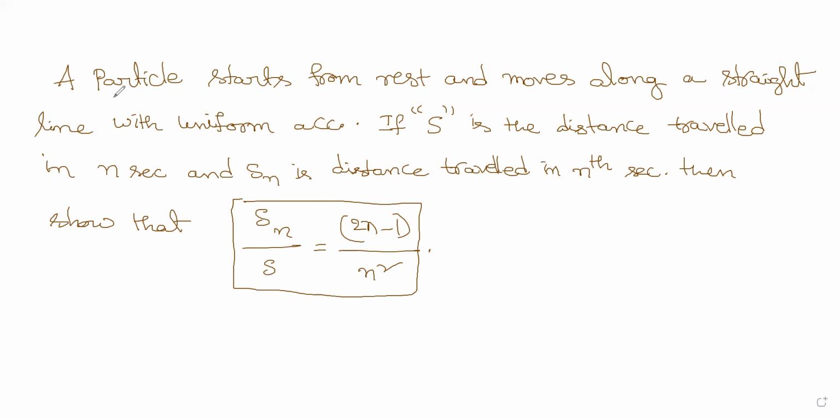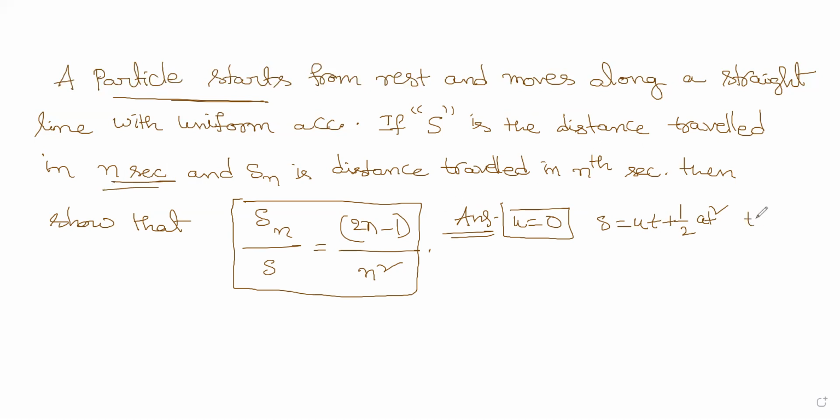First note this: a particle is starting from rest, so u is equal to 0. Here itself I can do the answer. With u equal to 0, s is equal to ut plus half a t square. The time they have given is n, traveled in n seconds. So t is equal to n and u is equal to 0. Setting u equal to 0, that part becomes 0. So the remaining is s is equal to half a n square.